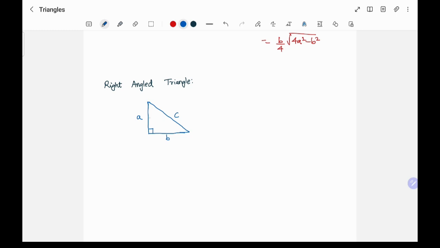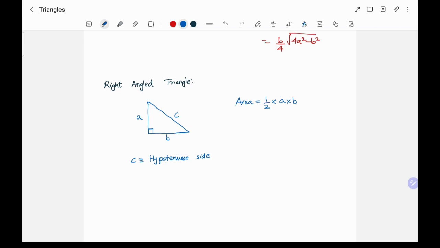A itself is the perpendicular, or height, or altitude, and B is the base. So area is half into A into B. A and B are the sides other than the hypotenuse. C is called the hypotenuse. So area is half into the product of the perpendicular sides.